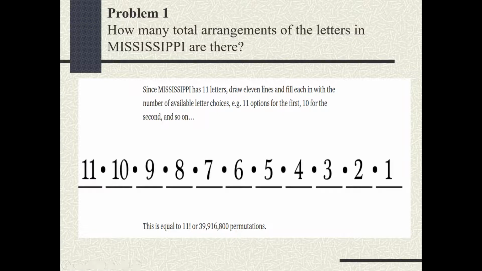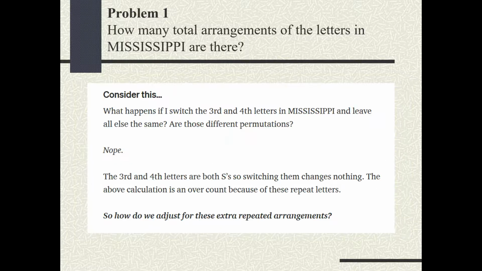But now let's see how we can further refine this scenario. What happens if I switch the third and fourth letter in Mississippi? You see, the third and the fourth letter, they are same. So if I switch the third and the fourth letter in this word Mississippi, these permutations wouldn't be considered different, because the third and fourth letters are both S, so switching them changes nothing.